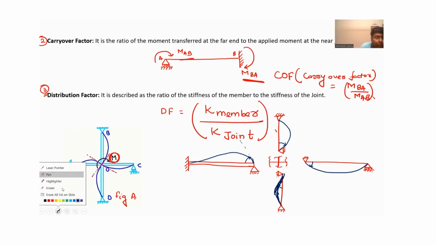Now, you have applied movement at the junction, and this movement is getting transferred to the members in some ratio. It's like you have a fat man and you have a slim man, and you have to push them.